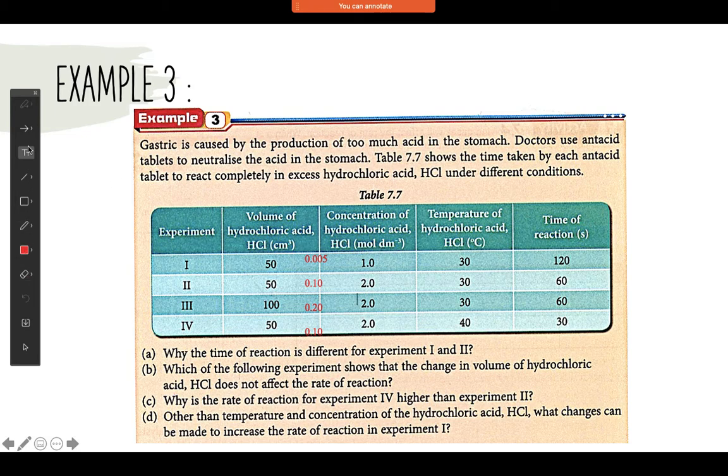Okay, let's say kalau kita plot graph, dia akan jadi macam ni. Okay, for eksperimen 1. Okay, contoh. Eksperimen 1, 0.005. Paling lower lah rate of reaction, dah lah concentration dia 1.0. Dan temperature also 30 degree Celsius. So, kita nak draw untuk eksperimen 1 ni, macam ni je.